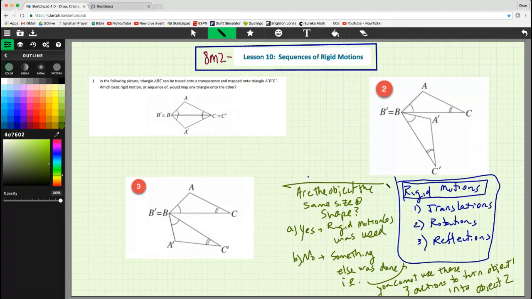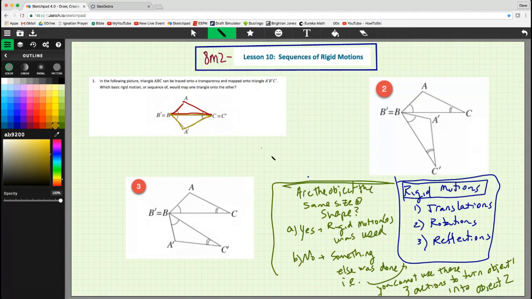Right? So that's the second thing. Okay, so let's look at this. So the first thing is, object one is this object. Can you look at object one and look at object two?